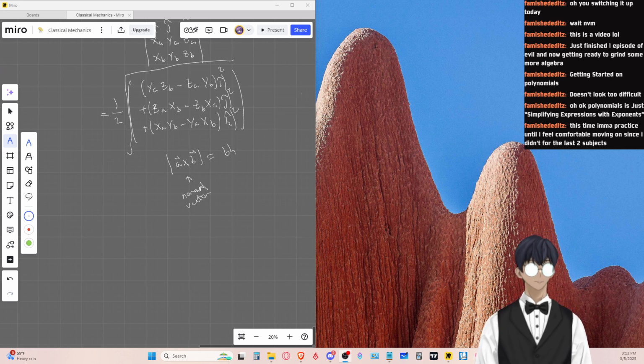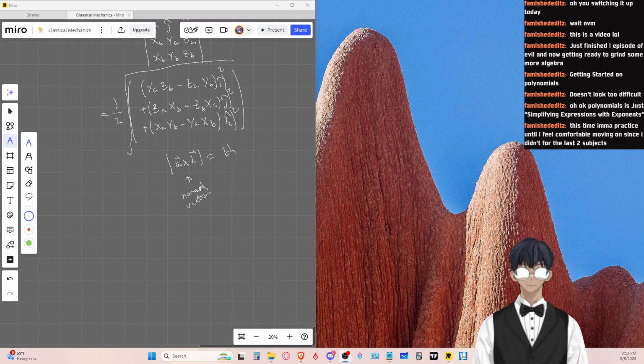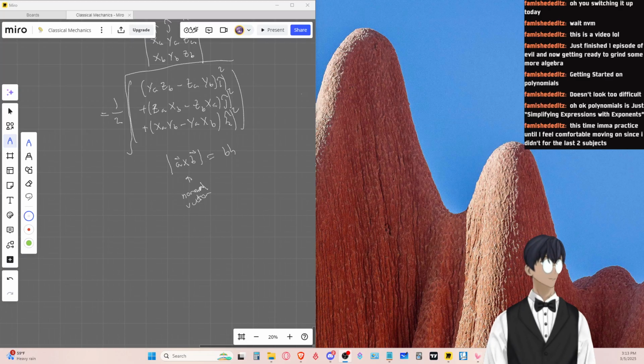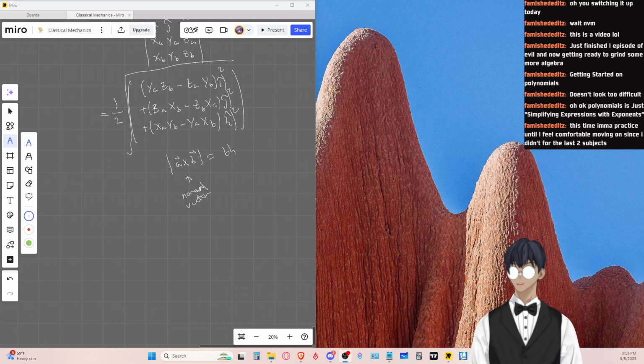I'll put like first part classical mechanics, or like vectors in classic mechanics, and calculus. So we're gonna go into a little bit of calculus, or review anyway, for me at least. This time I'm practicing until I feel comfortable moving on, since I didn't for the last 2 subjects. Oh, okay, that's fair. That's fair.